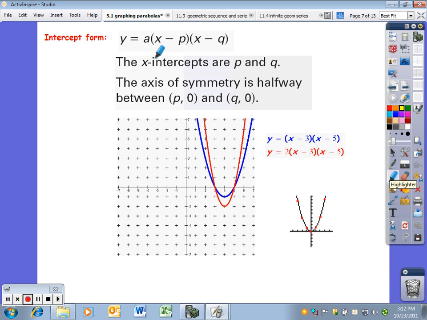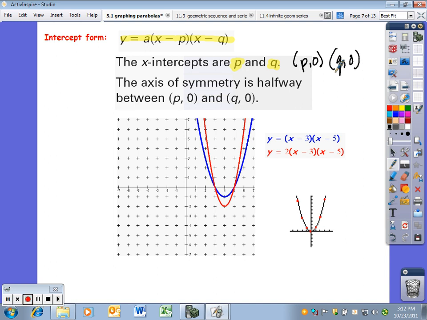In this form, y equals a times x minus p and x minus q, where the x-intercepts, that's where it crosses the x-axis, are p and q. X-intercepts, (p, 0) and (q, 0). That's how you know where it crosses the x-axis.